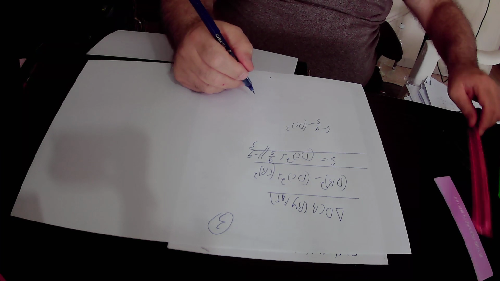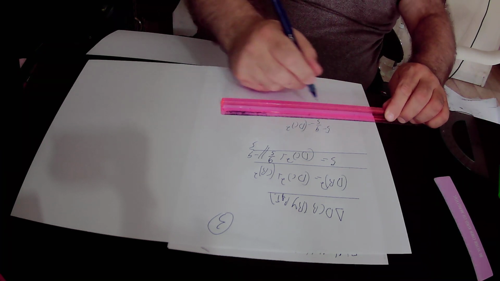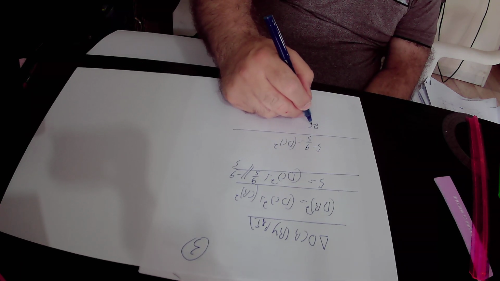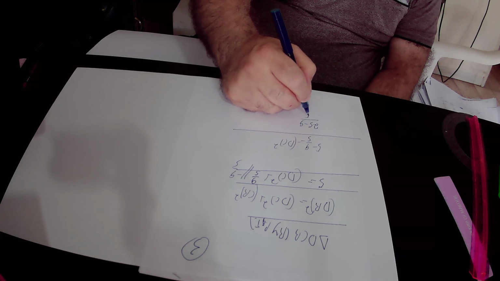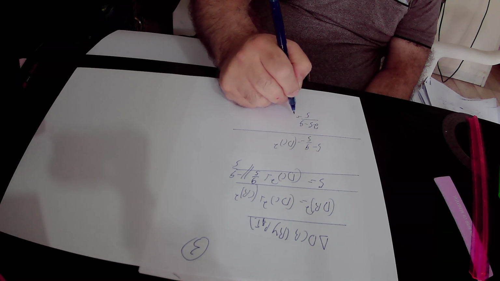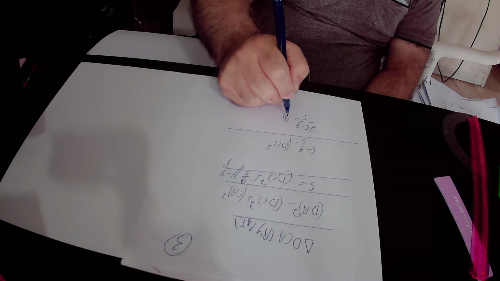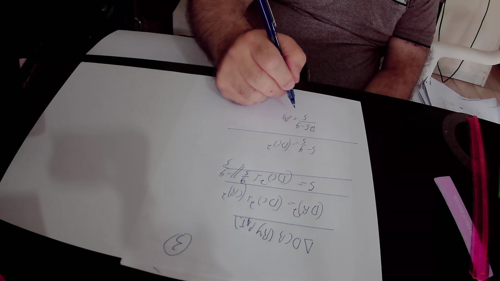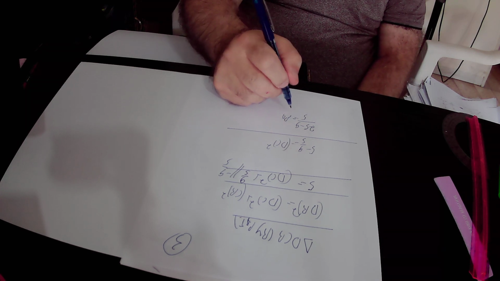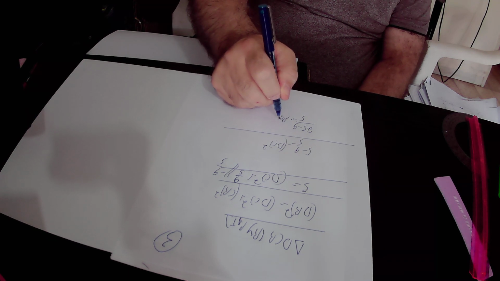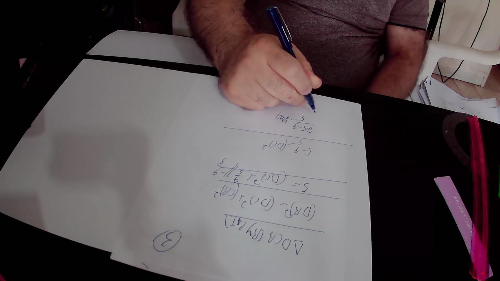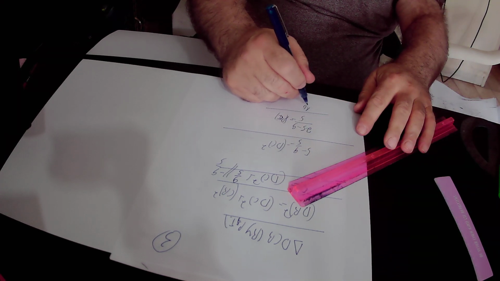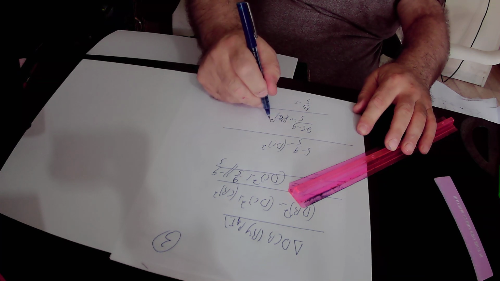Here we multiply 5 by 5 and then divide it by 5 in order to have a common denominator with this expression. 5 times 5 is 25, minus 9 over 5, that is equal to DC square. 25 minus 9 is 16, so it is 16 over 5, which is equal to DC square.